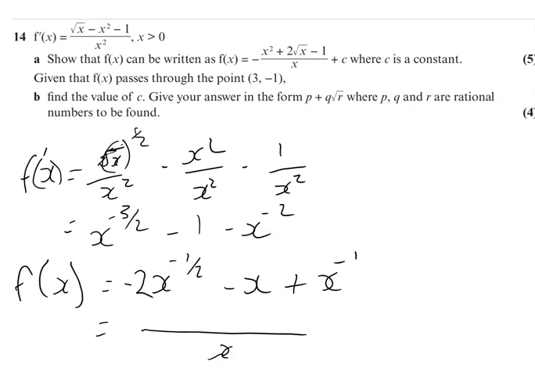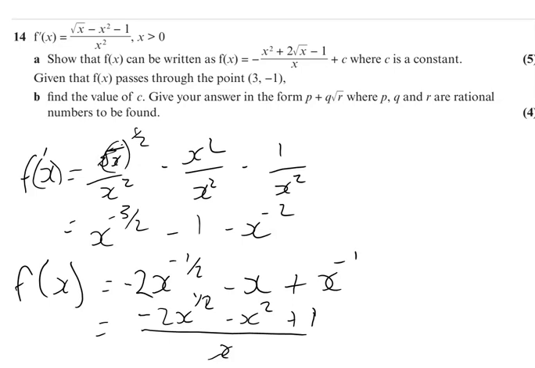So I'm just going to go along the line doing that. So times this by x is going to add 1 on, so it's going to be minus 2x to the half. Whoopsie. Times that by x is going to be x squared, and times that by x is going to just be 1.